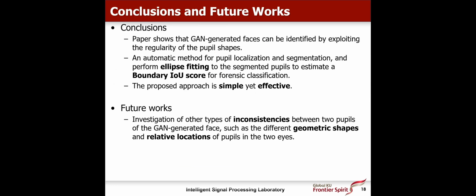And then a method has been proposed with pupil localization and segmentation, and then fitting an ellipse to the segmented pupils to estimate the boundary IOU scores, so that it can be used for the further classification task. So the proposed method is simple but effective.